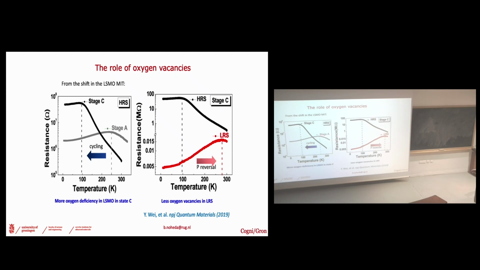So here we see that depending on the cycling, at the beginning our LSMO has relatively a small amount of oxygen vacancies, and after cycling, the transition temperature moves to low temperatures, indicating indeed the Brownmillerite phase is appearing. Also, the difference between the polarization up and polarization down of the ferroelectric shows the same shift, indicating that depending on the direction of the bias that you are applying, you have either the Brownmillerite phase or the perovskite phase.